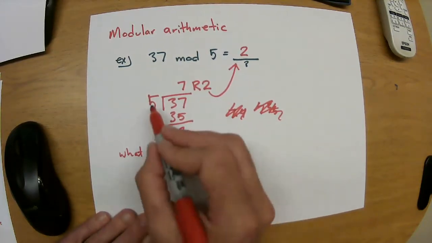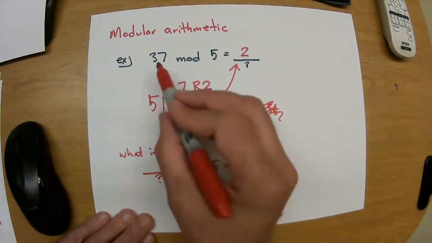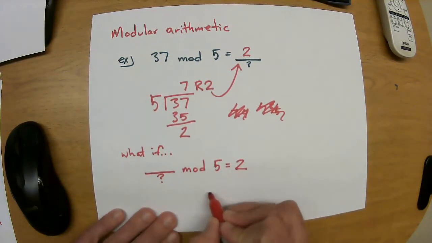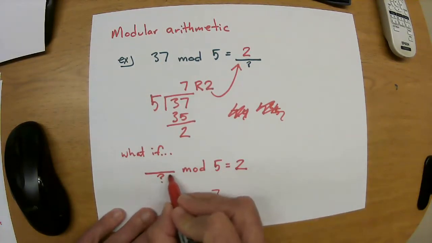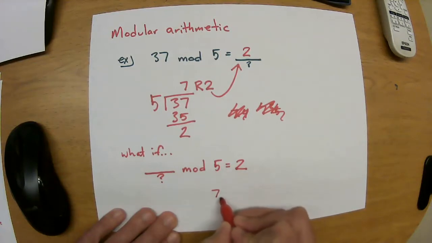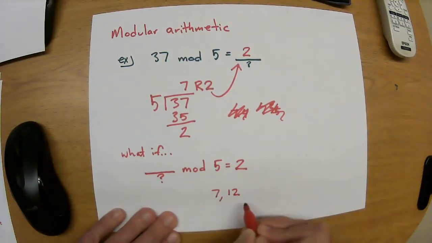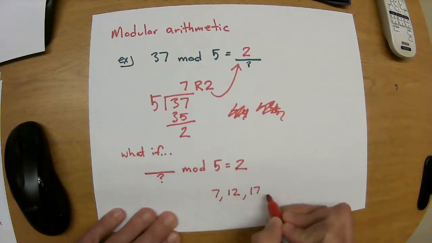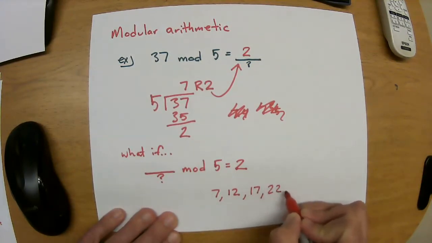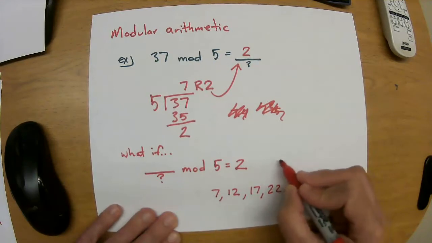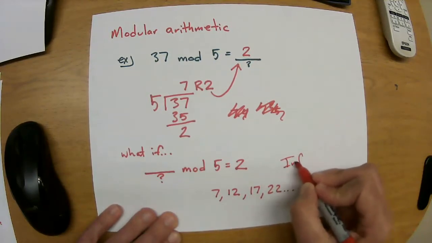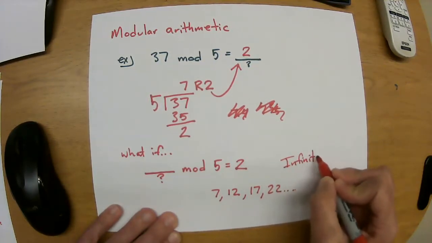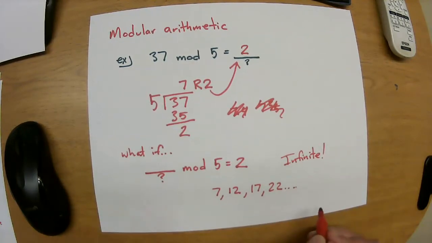Like we saw, it could have been 37, but 7 would have been a good answer because 7 divided by 5 has a remainder of 2. Could have been 12. 12 divided by 5, 2 left over. Could have been 17, could have been 22, and so on. So what we have is an infinite number of solutions to this.